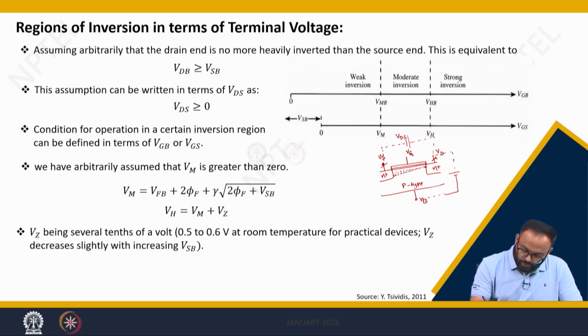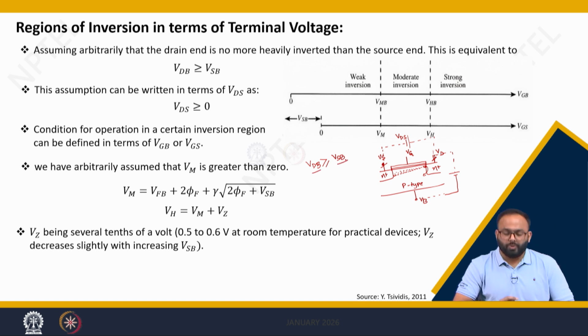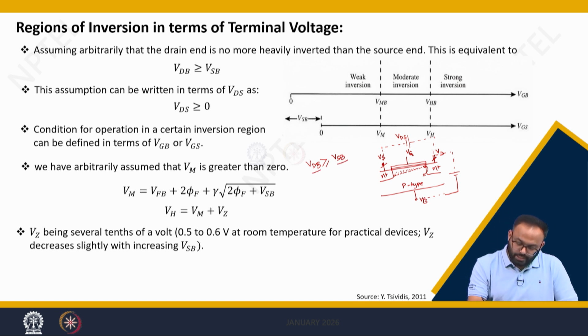Meaning, if you increase VDB, then the inversion charge near the drain will be lesser as compared to near the source. Let us define this condition as VDB greater than or equal to VSB. Looking carefully, you can observe that here I am considering body as a reference. That is what I am representing in terms of VDB.